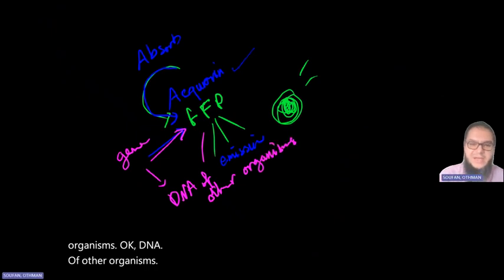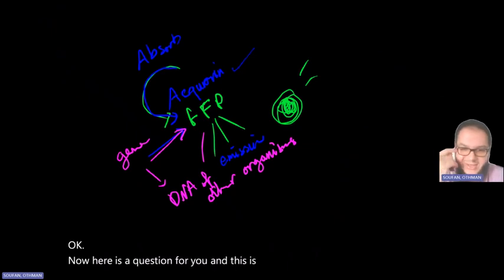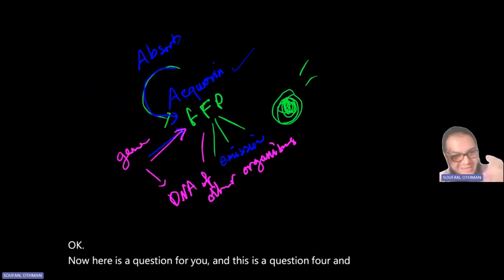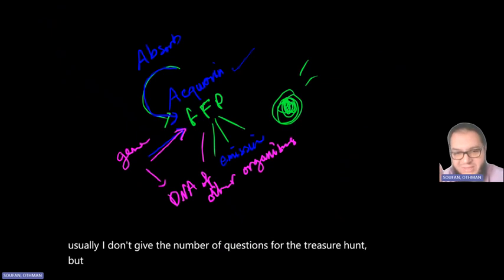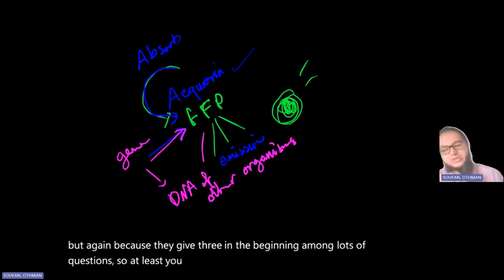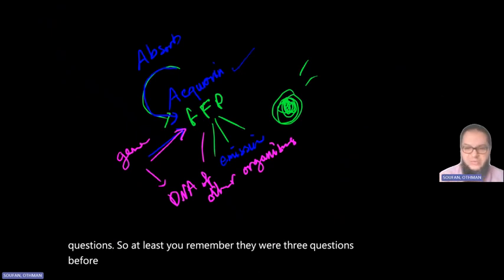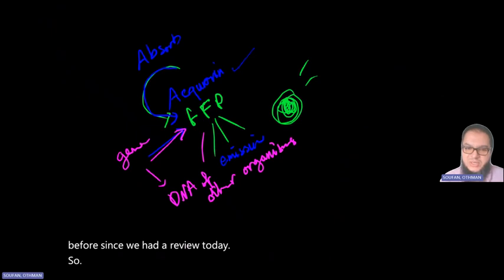Now here is a question for you, and this is question 4. Usually I don't give the number of questions for the treasure hunt, but because I gave 3 in the beginning among lots of questions, at least you remember there were 3 questions before, since we had a review today. So here's a question.